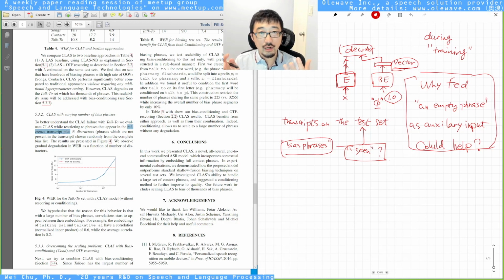And in another aspect, your training set is not completely separate from the test set. Definitely your training set has a lot of play, pause, replay words. So you cannot say I do this because I want to see the test set, because your training set and the test set already overlap. Okay.